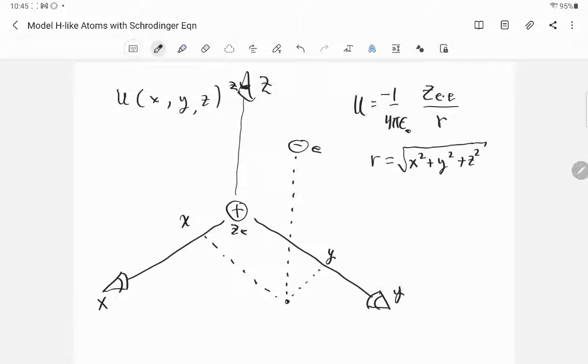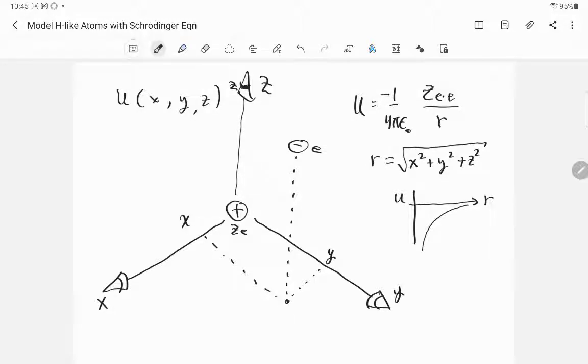So this potential energy function, if you draw a picture of it, U as a function of r, what it does is as r increases, the potential energy also increases to a maximum value of 0.